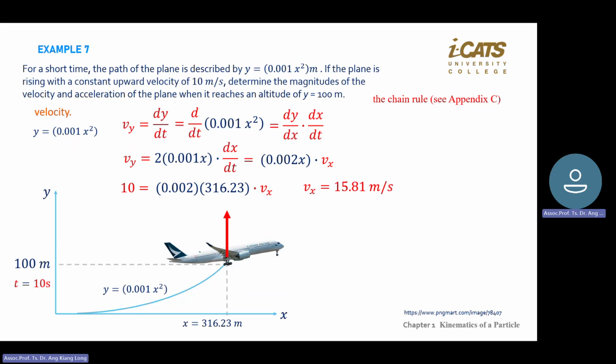It is this one. You want to find the velocity vx here. So your x, from the origin, is 316.23. So you substitute the x here. Then you have one unknown, which is vx equal to 15.81.